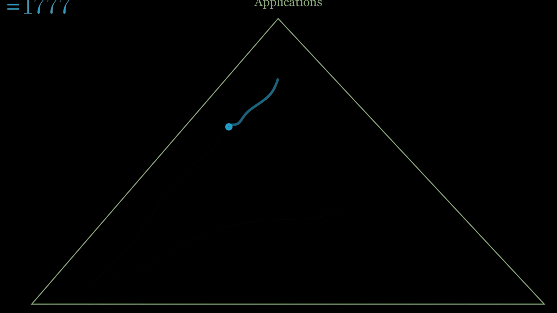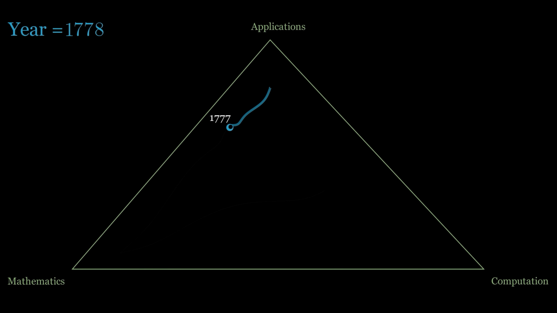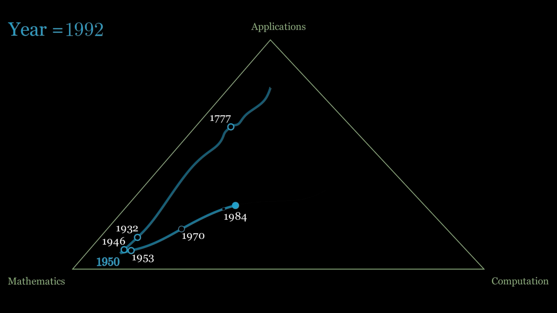If we were to travel through time, witnessing the evolution of Monte Carlo methods, we'd make a first stop in 1777 when the accept-reject algorithm first appeared. Continuing our journey, we'd make two stops before 1950, at which point we make a major turn towards computation and away from further mathematization of the fields of probability and statistics.